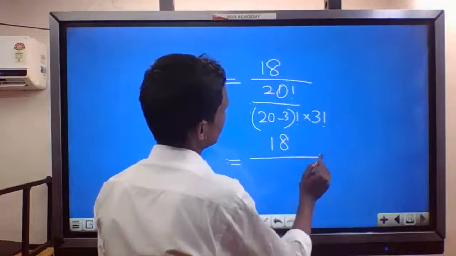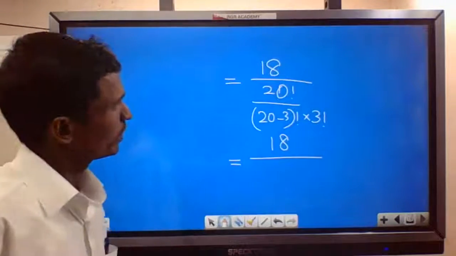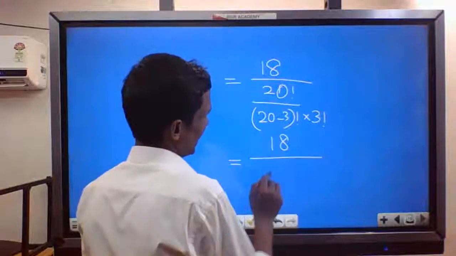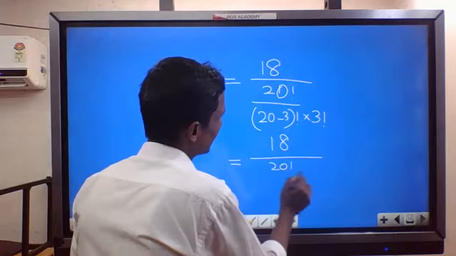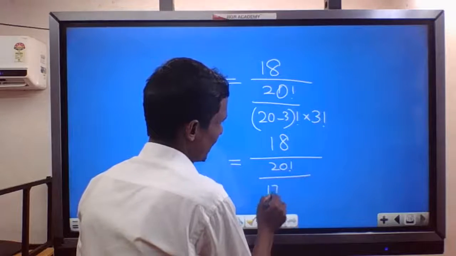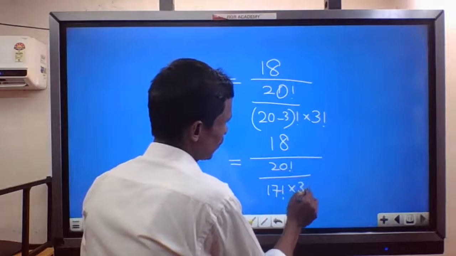So 18, then 20 factorial divided by 17 factorial into 3 factorial.